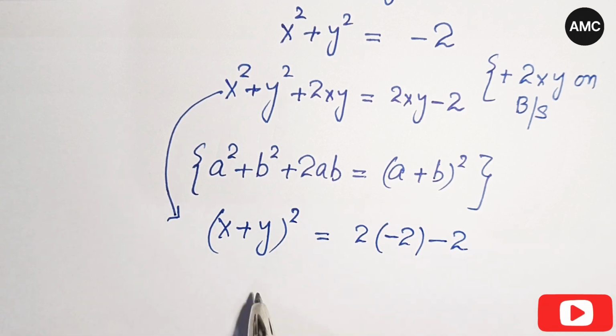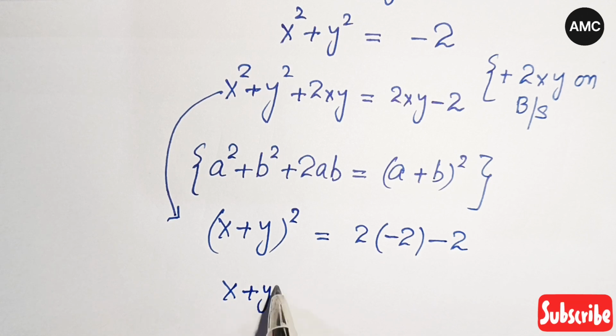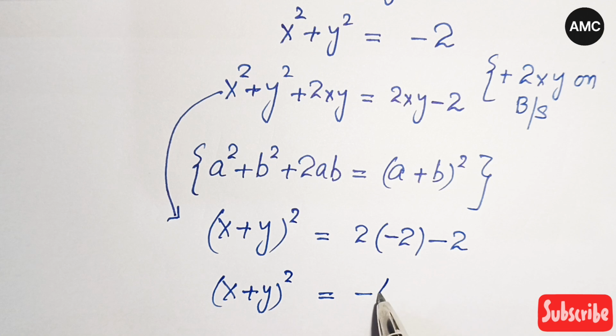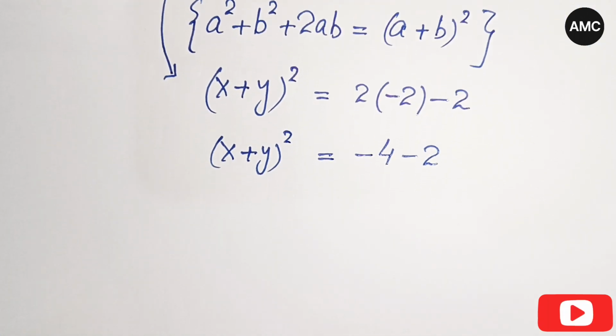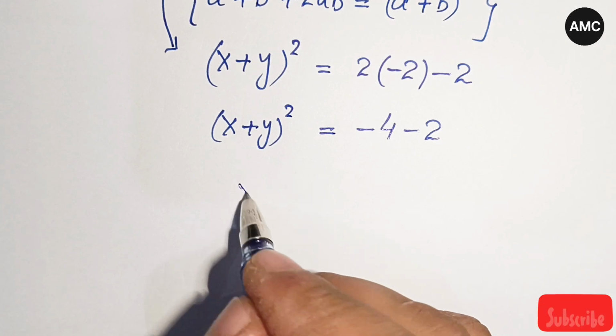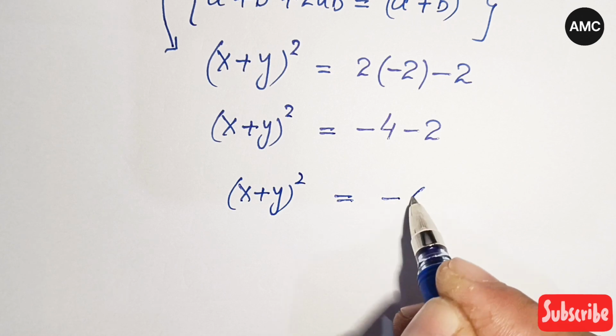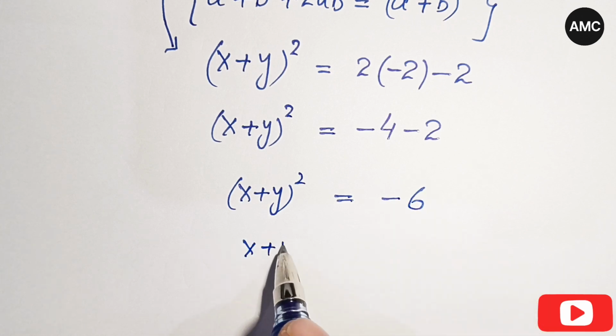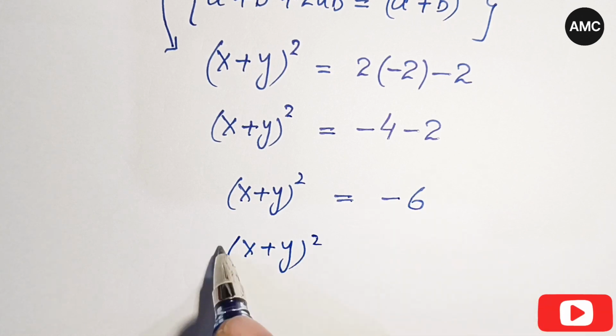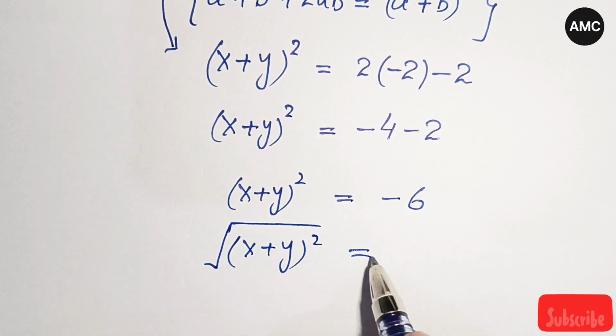So x plus y whole squared is equal to 2 times 2 is 4 minus 2. So we have x plus y whole squared is equal to minus 6.